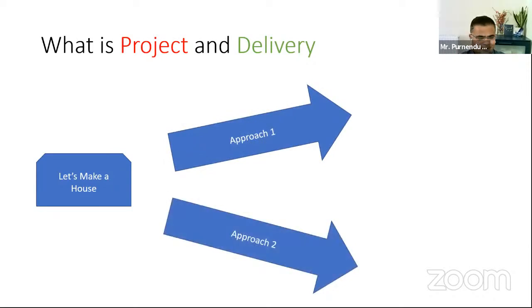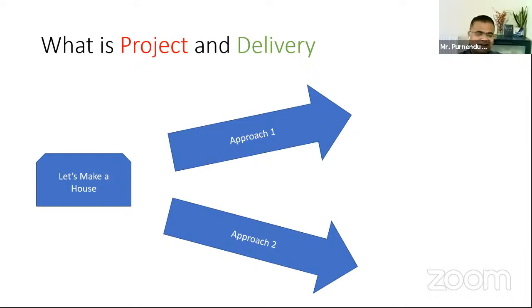So you can have multiple approaches. So you can take an approach one in which you decide, okay, maybe each one of us is going to contribute, and let me make my own room, you make your own room, and other people make their own room, and we all will get together later. That's one of the approaches.